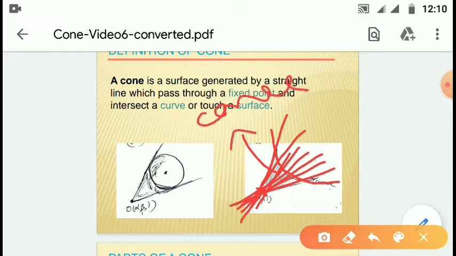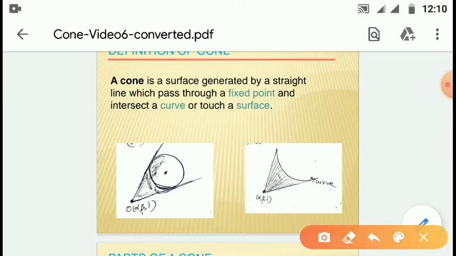For this cone, each straight line is a generator, the fixed point is the vertex, and the curve is called the base curve.